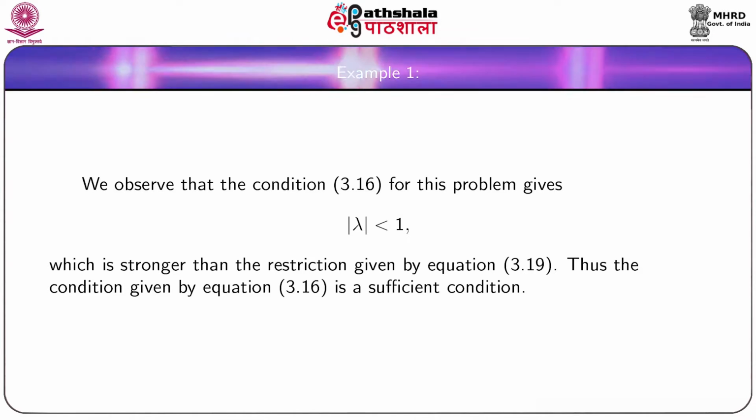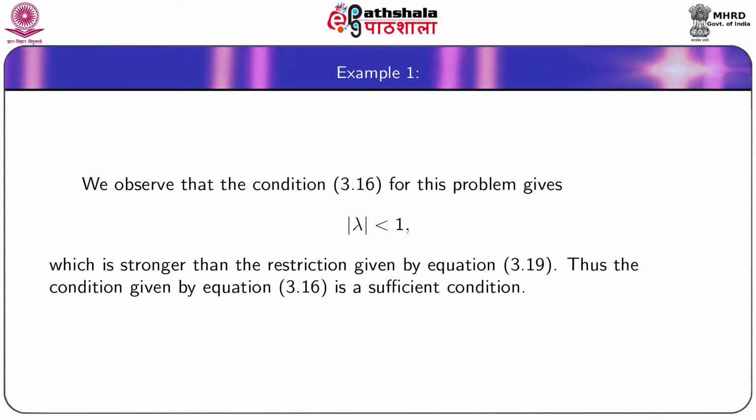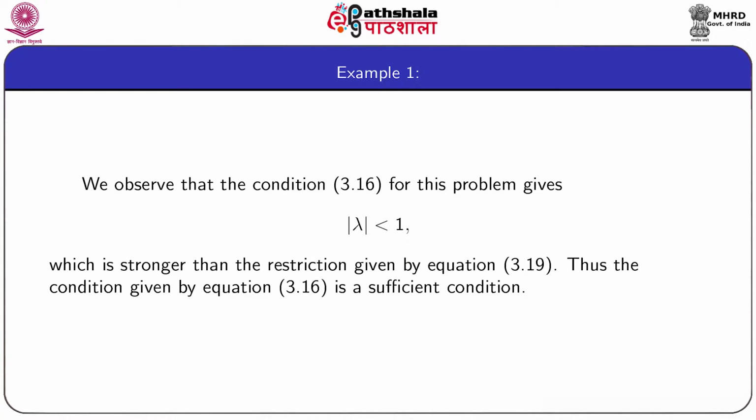This condition is much stronger than the restriction on lambda as given by equation 3.19, that is mod lambda is less than 3. So, this shows that the condition given by 3.16 is a sufficient condition.